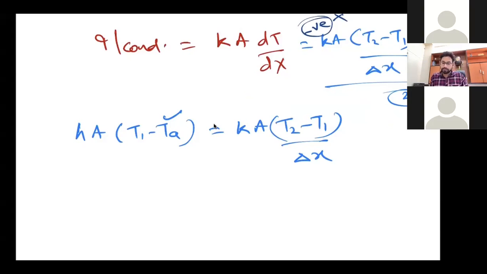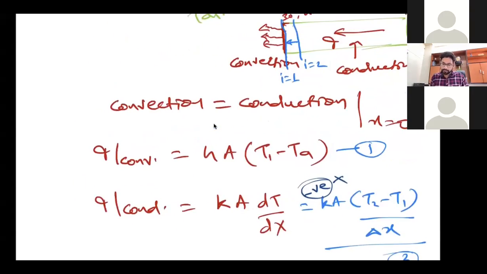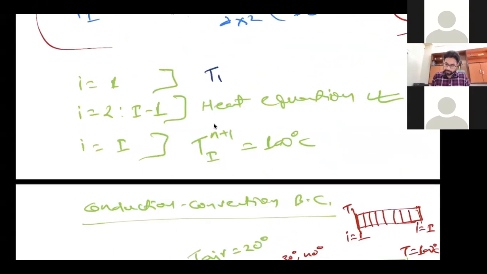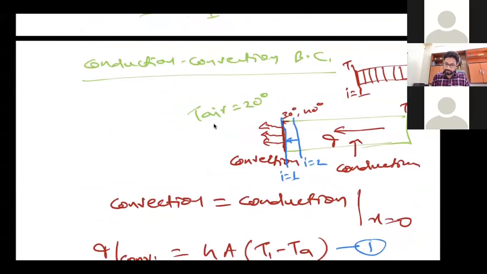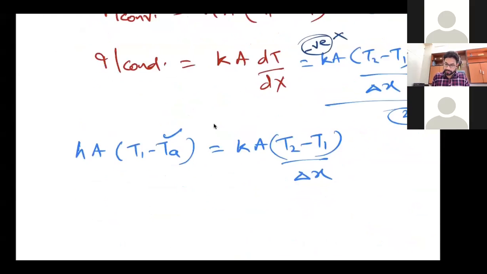All right, so now remember we are trying to calculate T1 here. We want to calculate T1 because T2 to T(I minus 1) can be calculated using this equation, and T capital I is also calculated. So these we can calculate, and this one is not known, and this is what we are trying to calculate here.